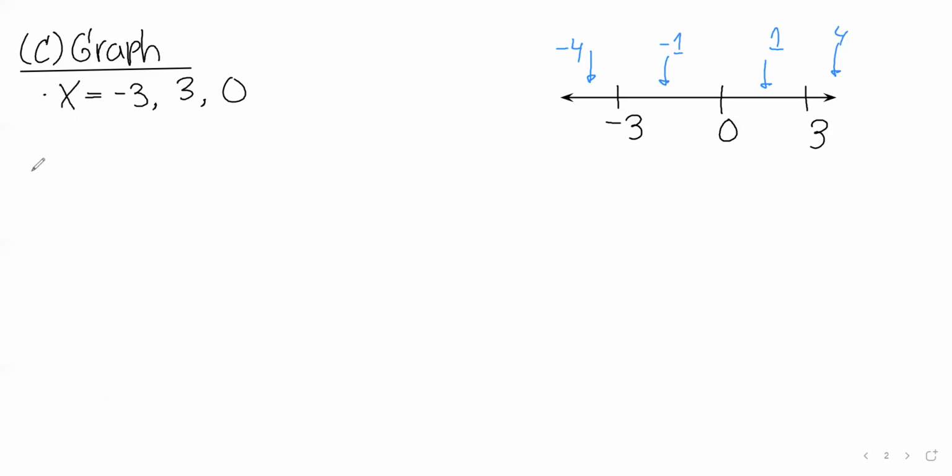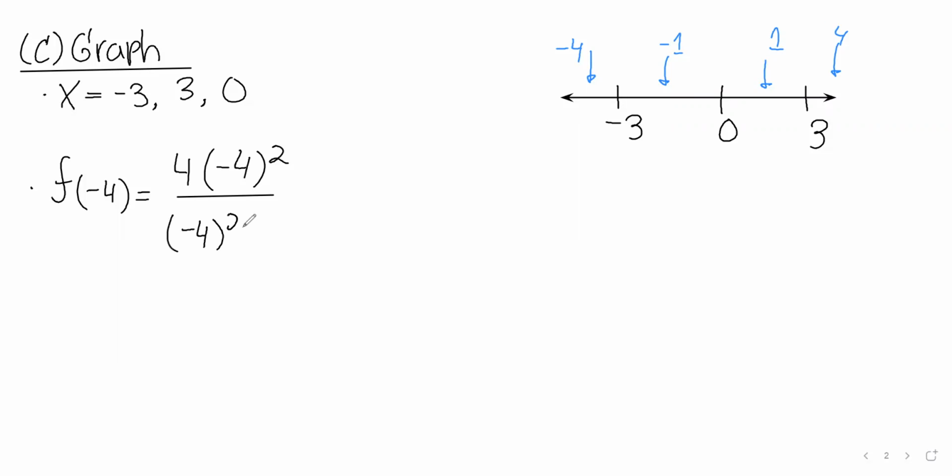So we get f of -4 gives us 4 times -4 squared, all divided by -4 squared minus 9, which is 64. The bottom is 16 minus 9, or 7. 64 over 7 is about 9.14.